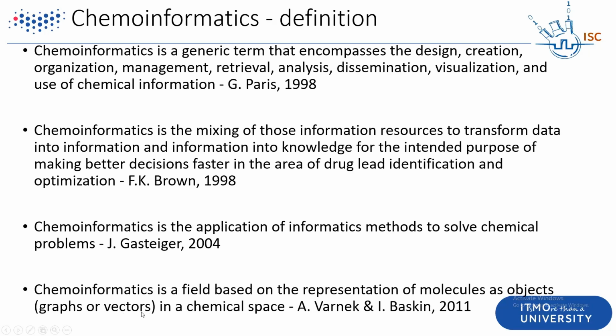And you can combine this information, add in some different representations, but usually these are two main objects, the graphs and the vectors. And these are very helpful in this analysis.